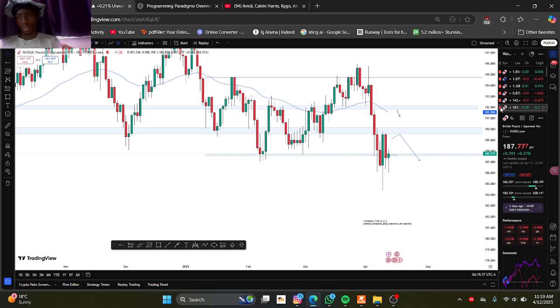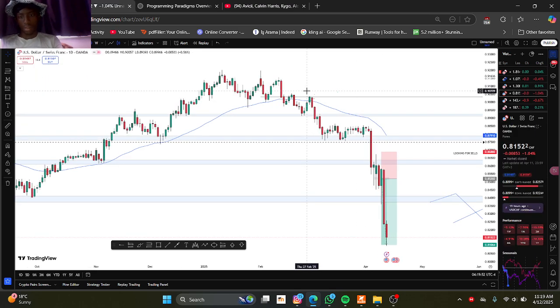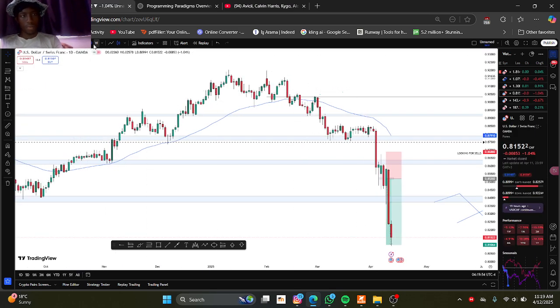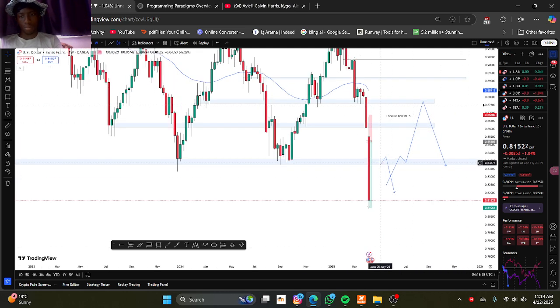I'm only interested in one pair still from these trades, only GBP card. The rest, we are no longer looking at them for this week. Even though USD CHF, we can wait for a nice pullback at this level.